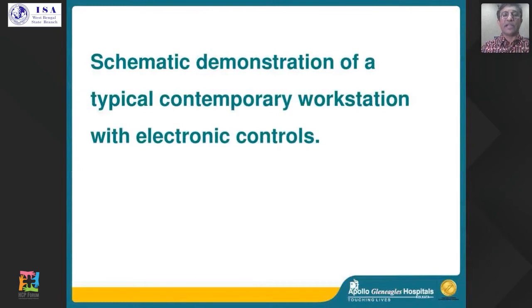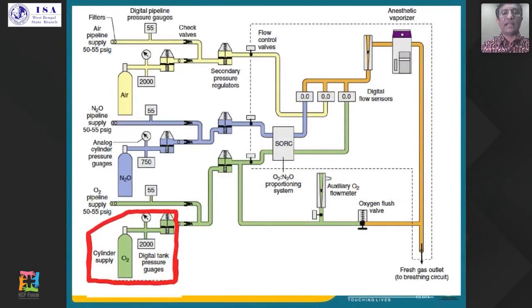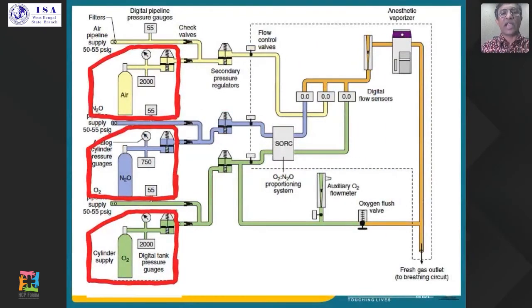And if you look at the contemporary workstations, which do not have the flowmeters but have the oxygen flow sensors or the electronic flow sensors, the division is just the same. You'll find that the high pressure system is again the cylinder and the high pressure regulator.